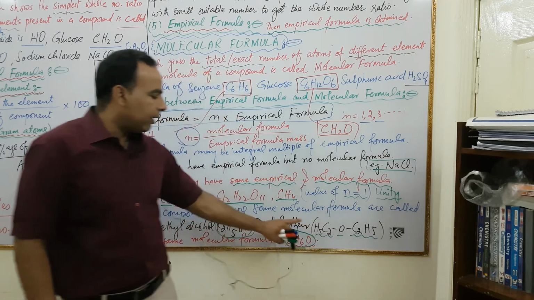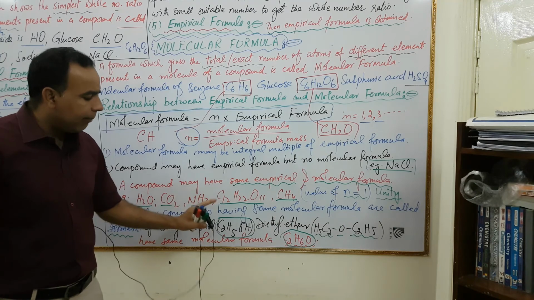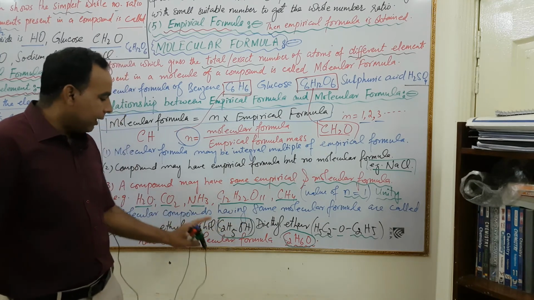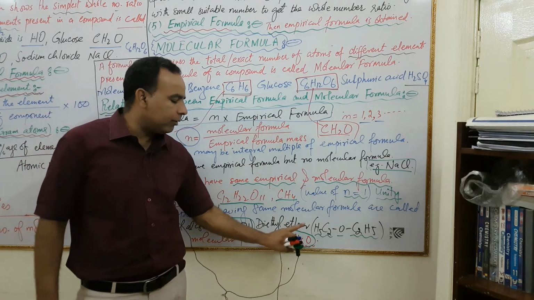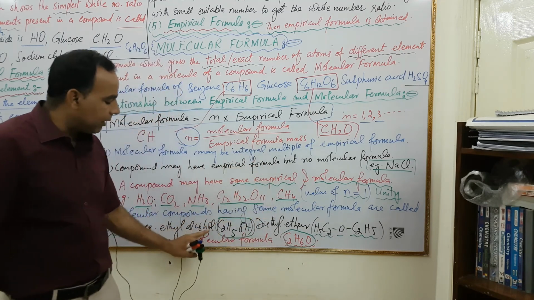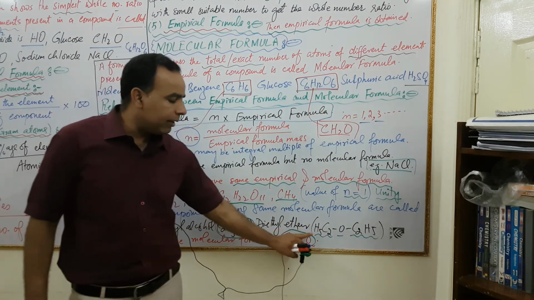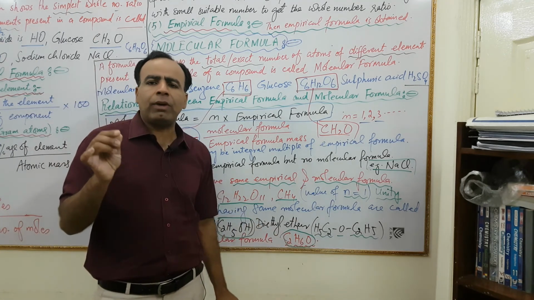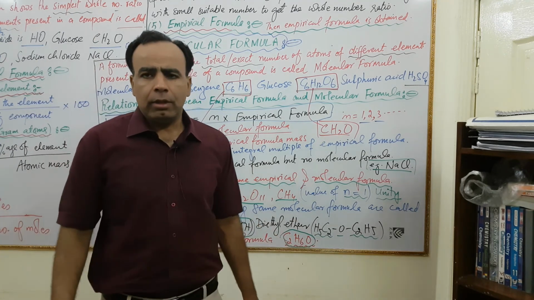Both have the same molecular formula, that is C2H6O, but they are different compounds. One is alcohol and the other is ether, but their molecular formula is the same.